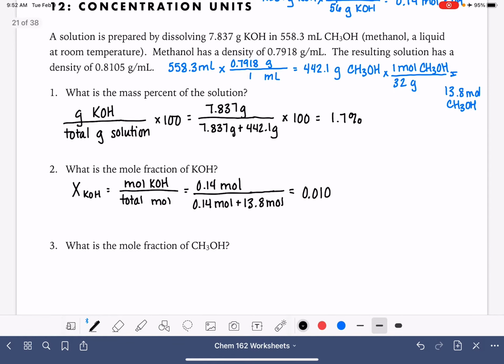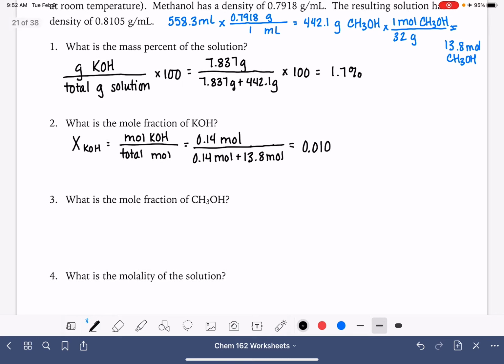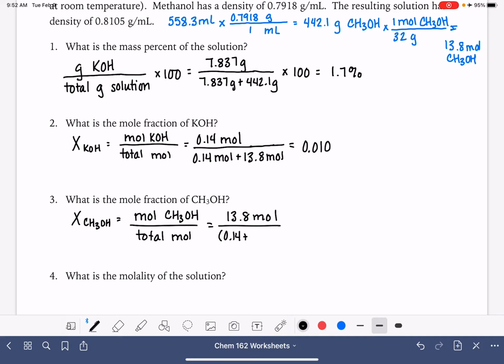The mole fraction of the CH3OH is going to be the moles of the CH3OH divided by the total number of moles. The moles of the CH3OH we calculated to be 13.8. The total moles are the 0.14 plus the 13.8.